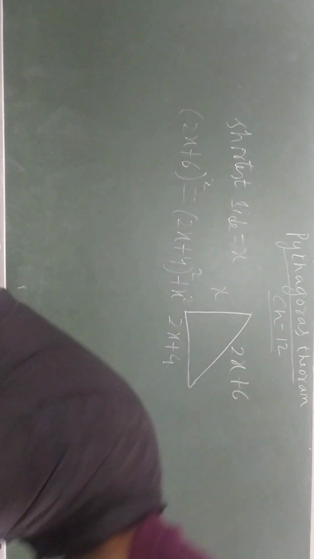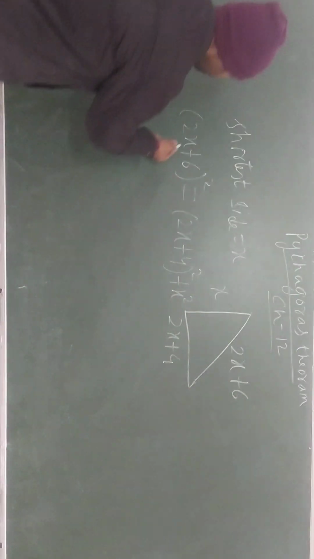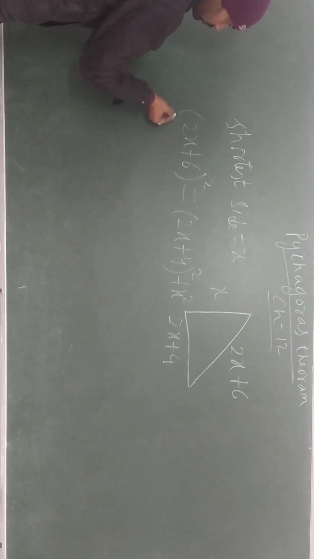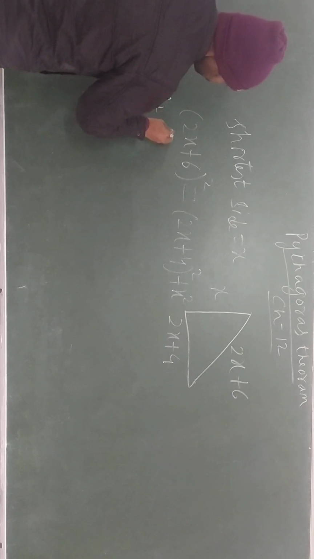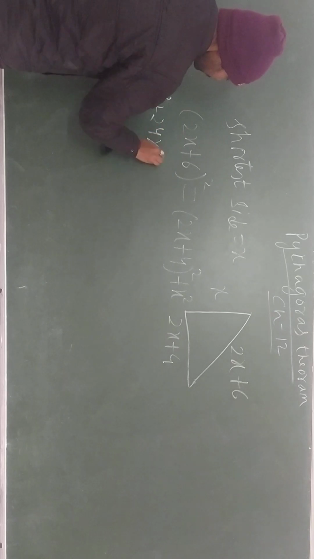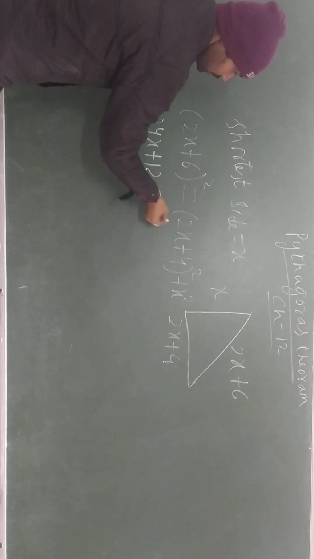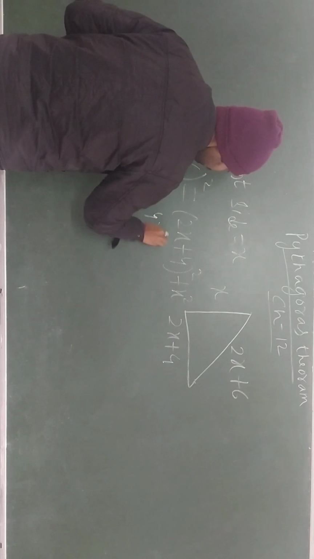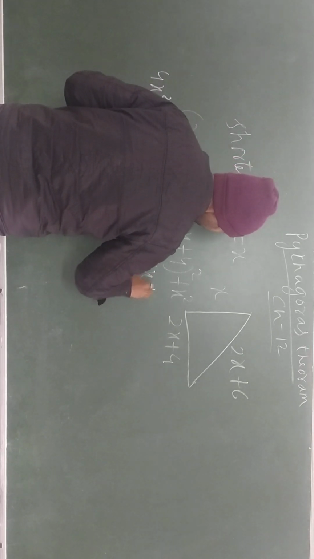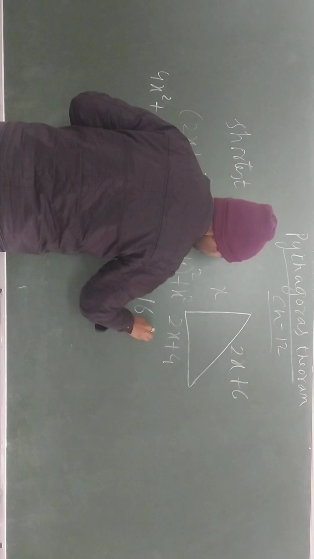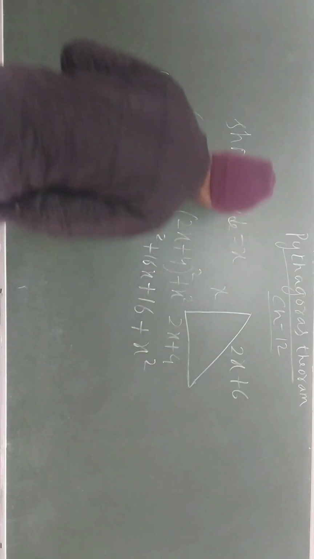So (2x plus 6) whole square will be 4x square plus 24x plus 36. It is also 4x square plus 16x plus 16 plus x square.